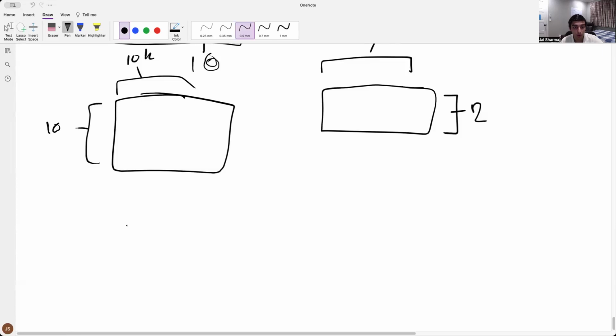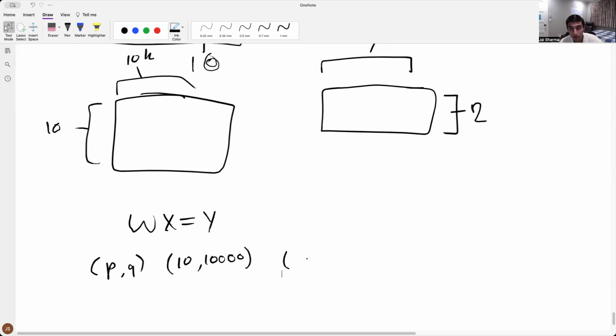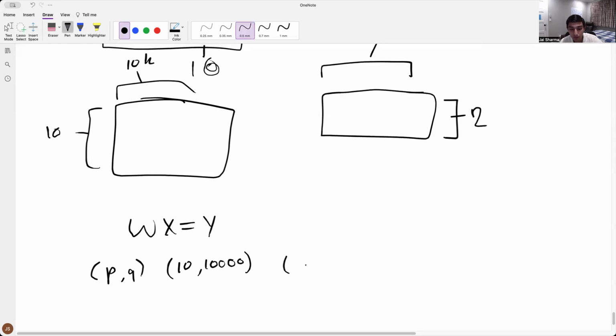And we want to figure out if Wx is equal to Y, then what is the shape of W. So let's say this is P comma Q, just like before. And the value of X is 10 comma 10,000. And the shape of Y is 2 rows and 10,000 columns.